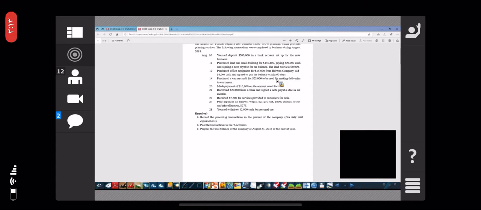So the analysis for this transaction, 14 August. What's the account in this transaction? He said on account or on credit, and you didn't pay.